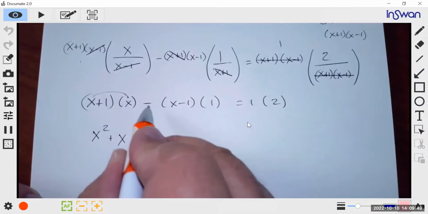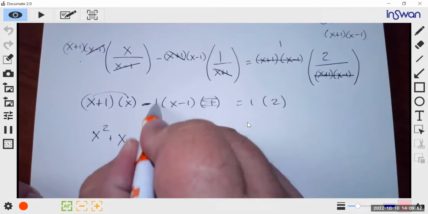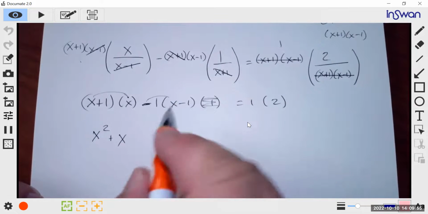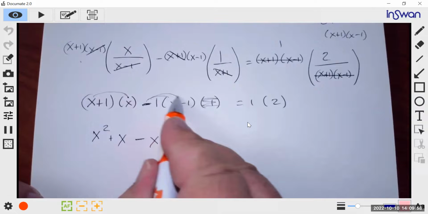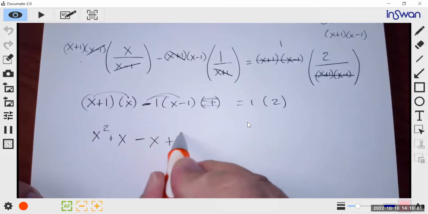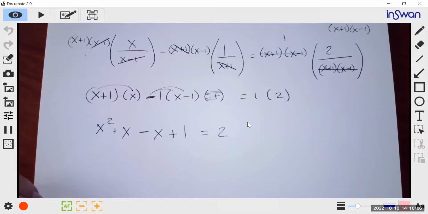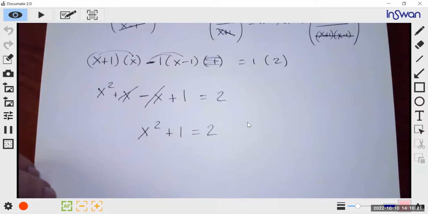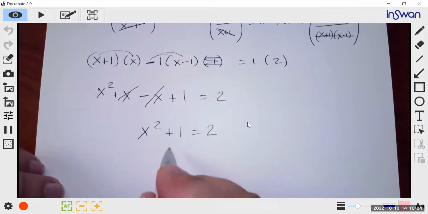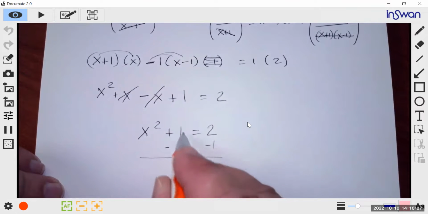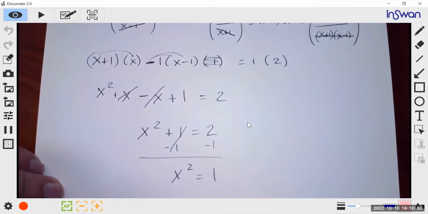Now this 1, because there's a minus sign there, I put the negative in and put the 1 there. So negative times positive is negative x. Negative and negative becomes positive. 1 times 1 is 1. Combine like terms, so x's cancel, so we have x squared plus 1 equals 2. Subtract 1. So x squared equals 1.